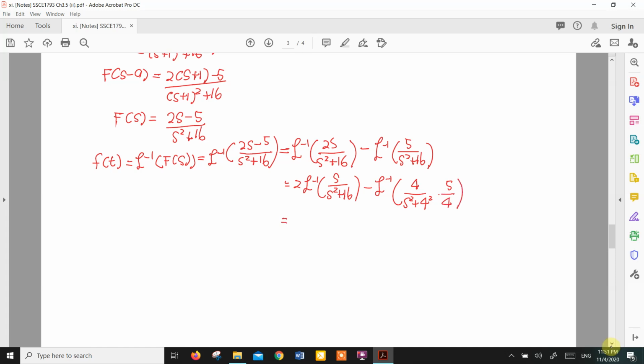So 2 cos 4t, since 16 is 4 square, minus 5 over 4 times sin 4t. So this is f(t).